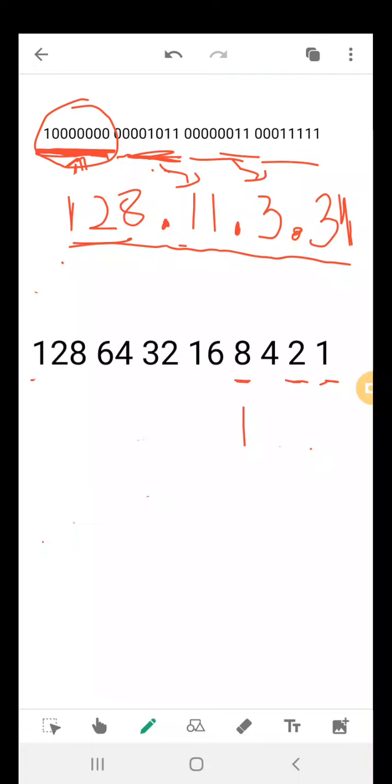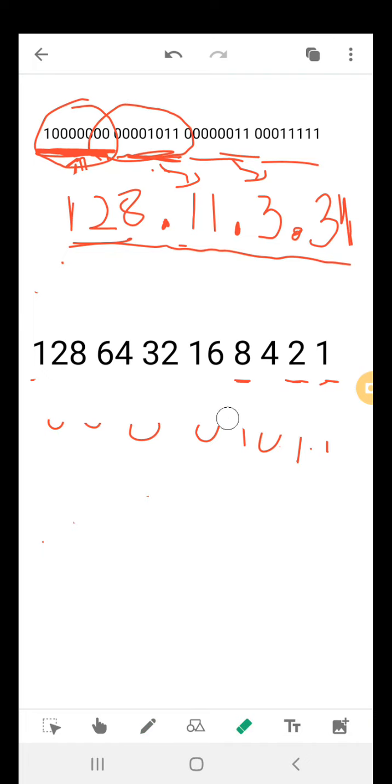So you make it 1, then we are not taking 4, that will be 0. We are taking 2, that is 1. We are taking 1, so it will be 1, and remaining all 0. Whichever multiple we are taking, you give its corresponding bit as 1, and the remaining will be 0. So this 0, 0, 0, 0, 1, 0, 1, 1 is the corresponding binary notation of decimal 11.